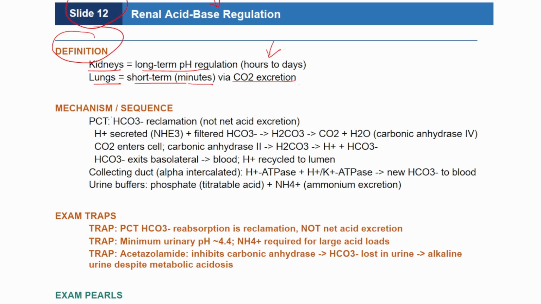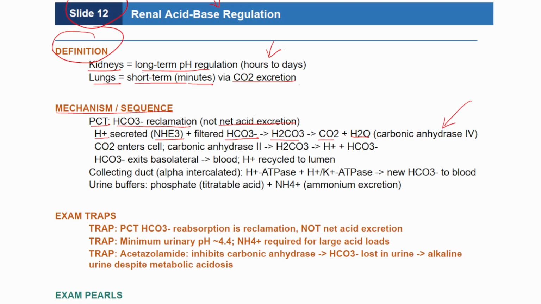Looking at the precise mechanism and sequence, the proximal convoluted tubule, or PCT, handles bicarbonate reclamation, which is distinct from net acid excretion. In this specific pathway, hydrogen ions are secreted into the lumen via NHE3 and combined with filtered bicarbonate to form carbonic acid, which is broken down into carbon dioxide and water by carbonic anhydrase 4.